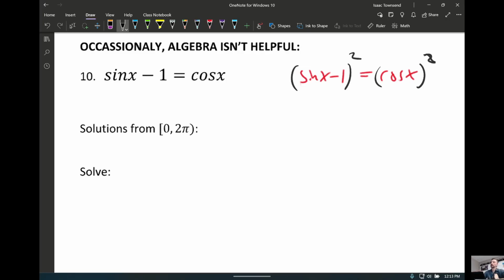But to square this, you'd have to FOIL it out. You're going to have some sine squared stuff and some sines and a constant. Square this, you've got some cosine stuff. So you would need to replace one of these with the first Pythagorean identities to get it all in terms of sines or cosines. Then you'd have to solve it like a quadratic and factor it and set each factor equal to 0, etc., etc., etc.